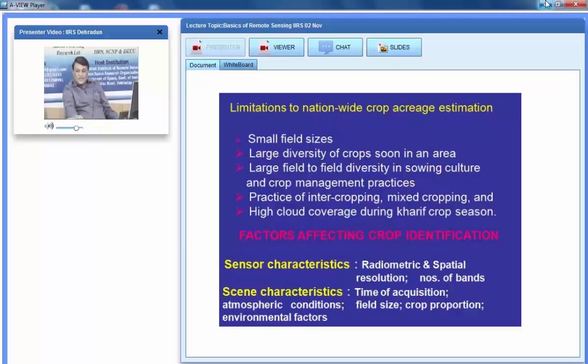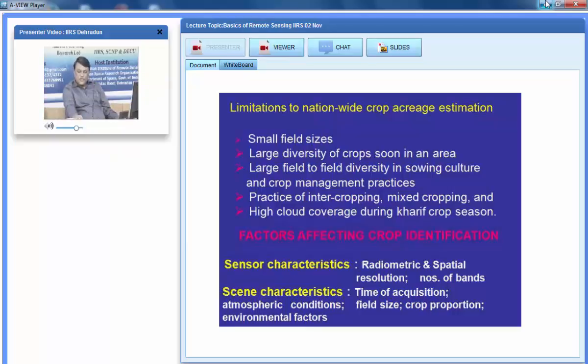Sensor characteristics are also factors that influence this, like radiometric resolution, the ability to record gray level intensity. If radiometric resolution is 8 bit or 10 bit, then 10 bit data gives you more ability to distinctly differentiate different features in the satellite images.